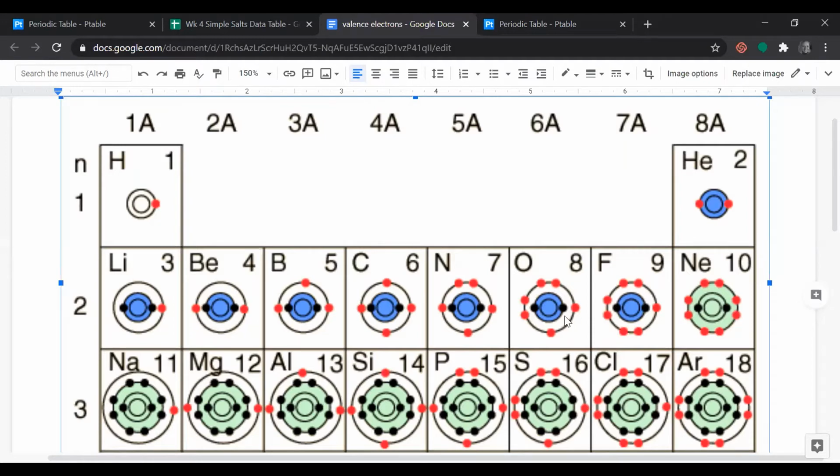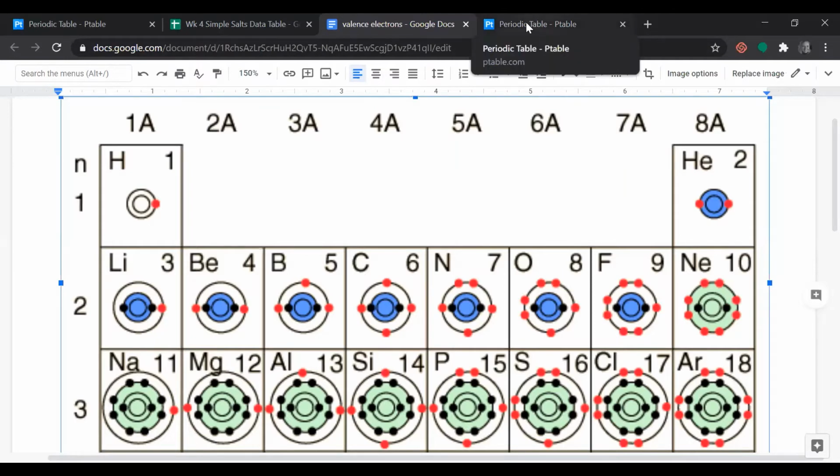And so oxygen just needs 2 more electrons, and then lithium has this 1 lonely electron taking up an entire valence shell and making it really unstable. It would rather just not have that electron and be more stable. So in order to become stable, they lose or gain electrons when they react. And you'll see that hopefully.